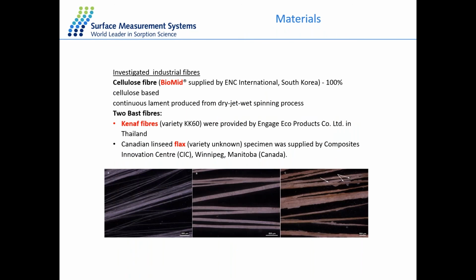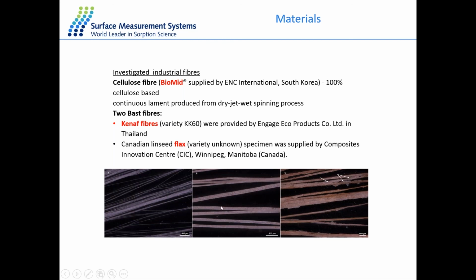We have a few different cellulose samples: an industrial fiber and natural fibers. We have a biomade cellulose fiber, which is produced from a dry jet wet spinning process, and we also have two other fibers, the kenaf fiber and the flax fiber.